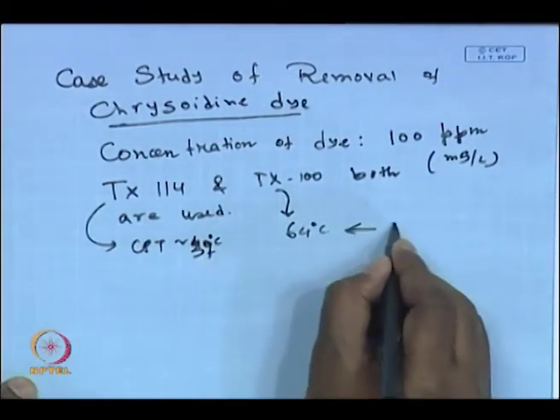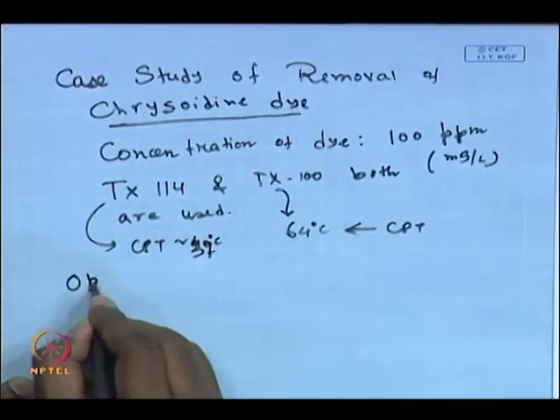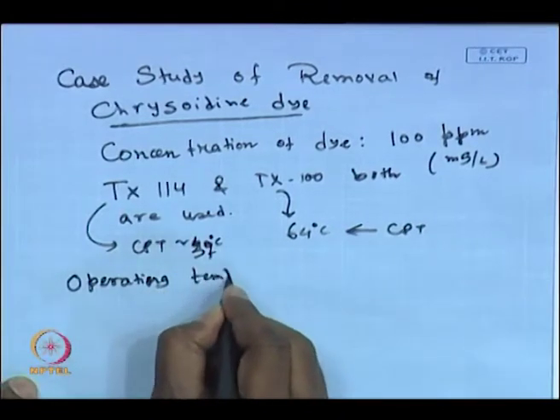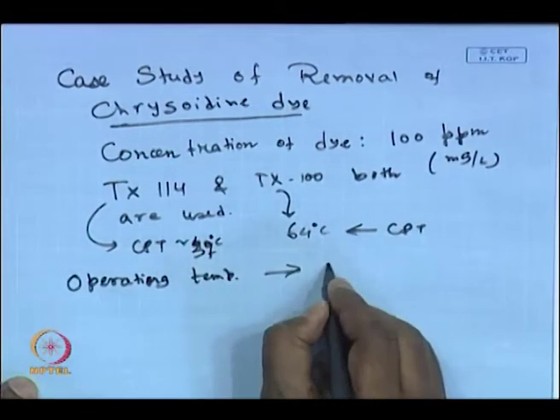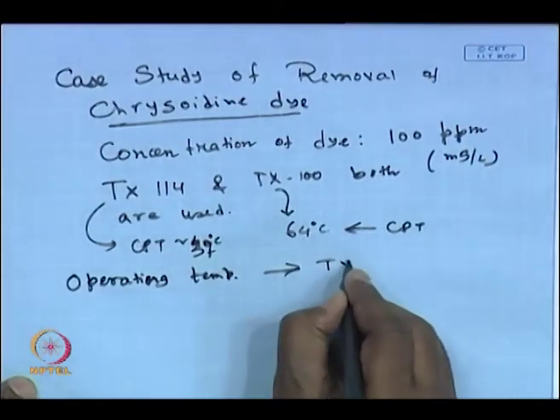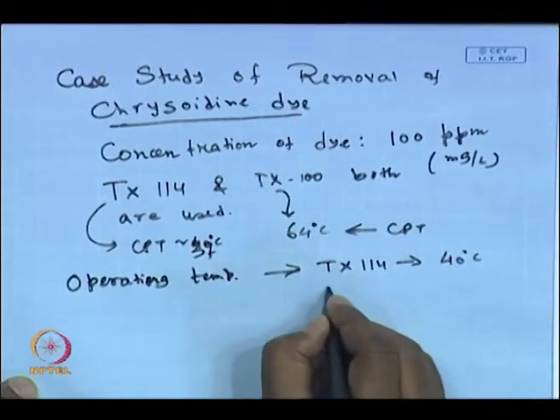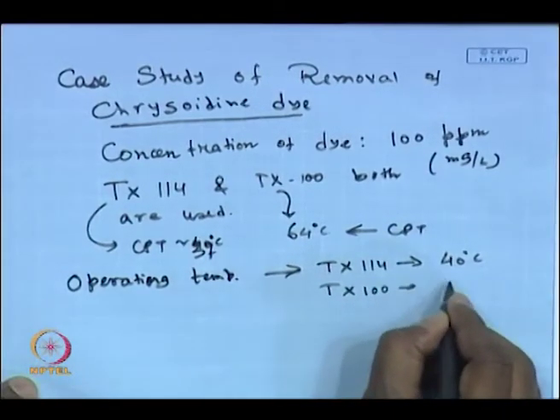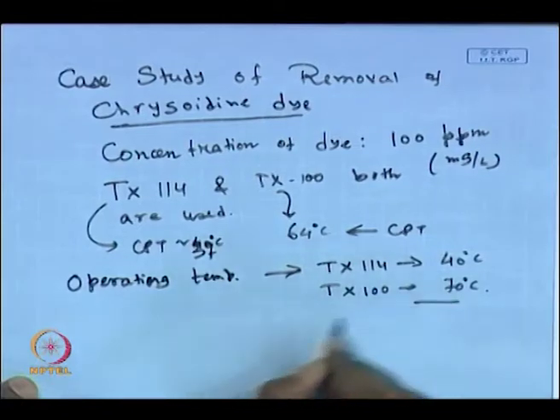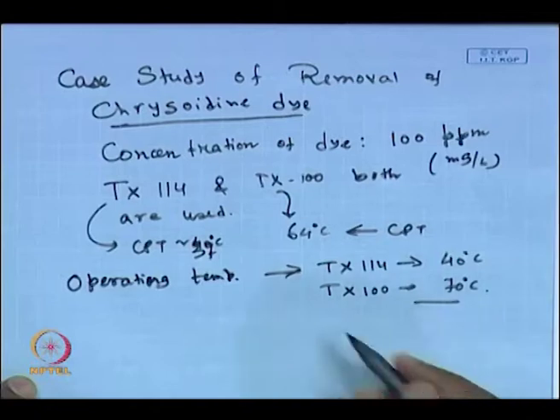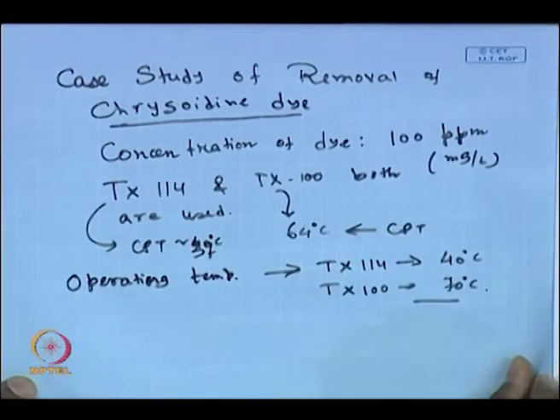The operating temperature will be higher than the cloud point. So, the minimum operating temperature for TX 114 will be around 40 degrees centigrade, and for TX 100 it can be around 70 degrees centigrade. Now, the temperature obviously is lower for TX 114, but on the other hand, as I mentioned earlier, it will be costlier.